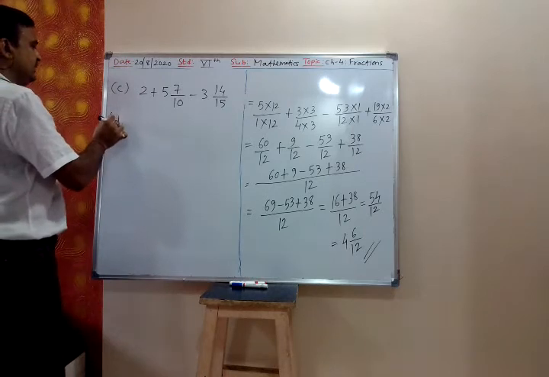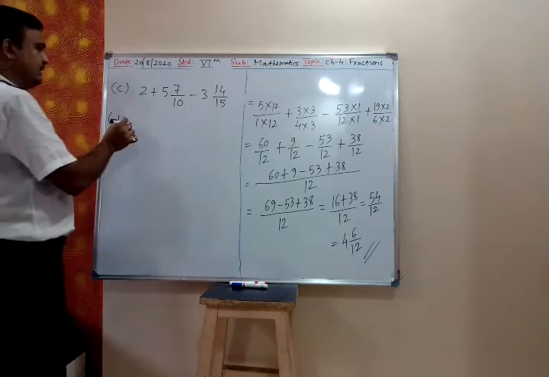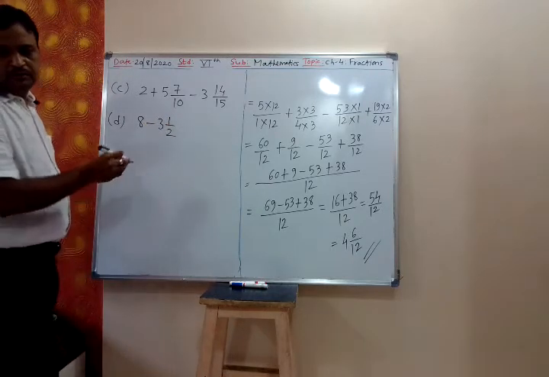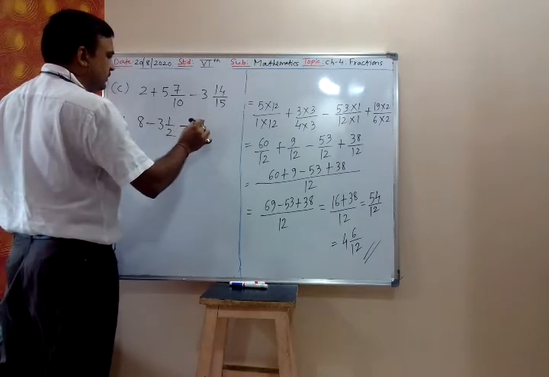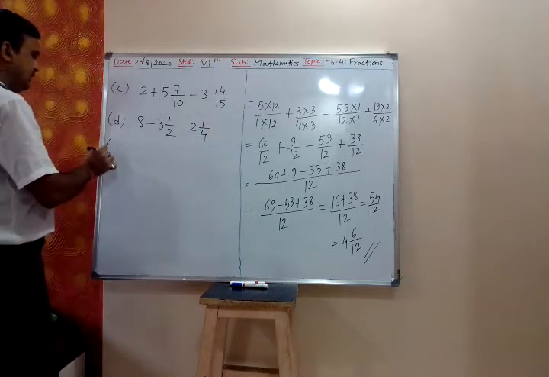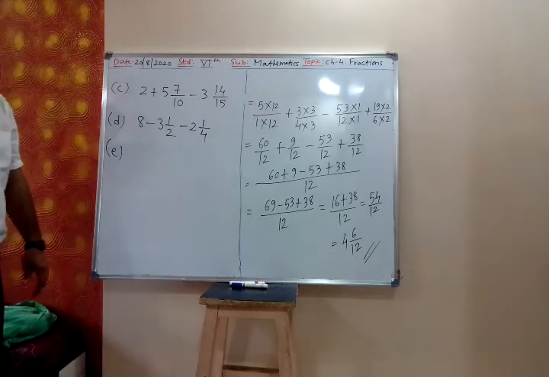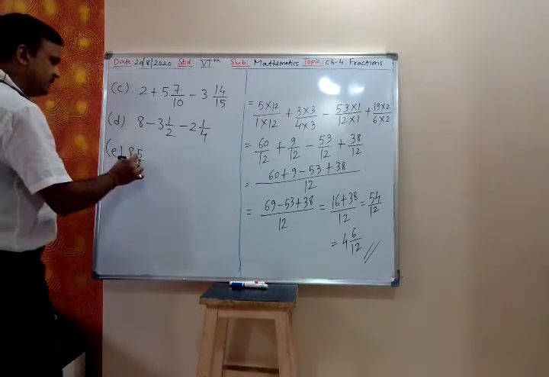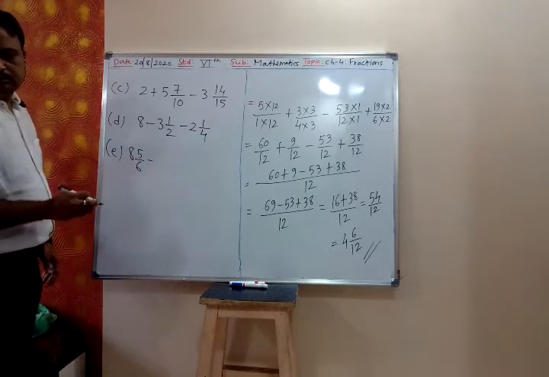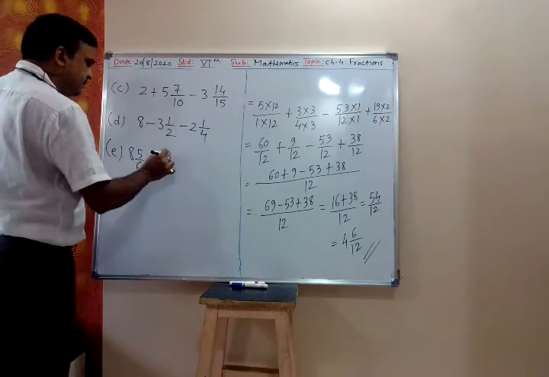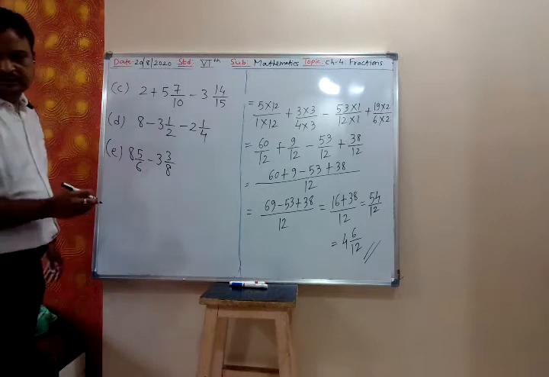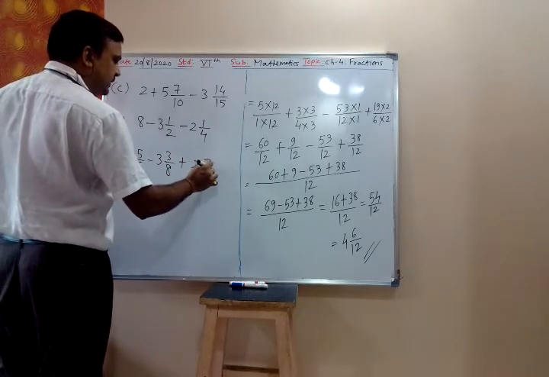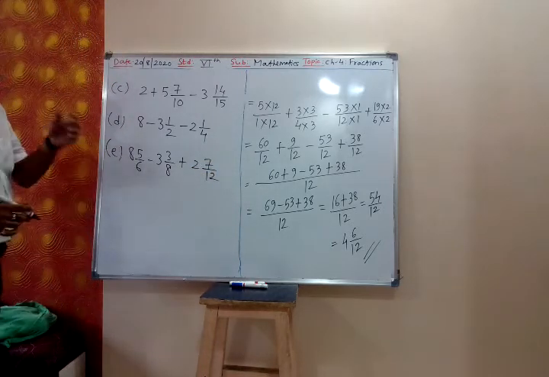Then D is 8 minus 3 and 1 by 2 minus 2 and 1 by 4. Then E: 8 and 5 by 6, minus 3 and 3 by 8, plus 2 and 7 by 12. All are given in the mixed fraction form.